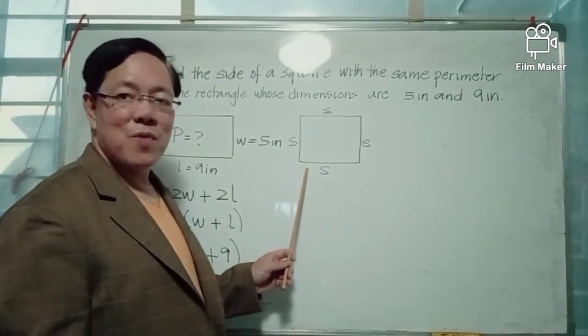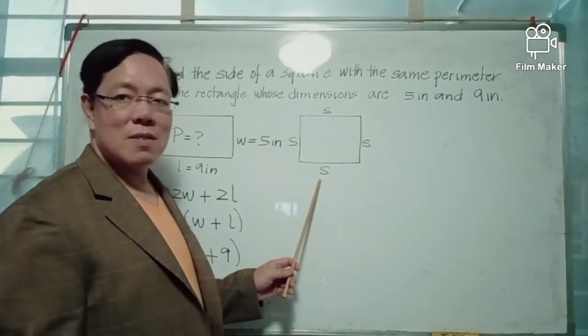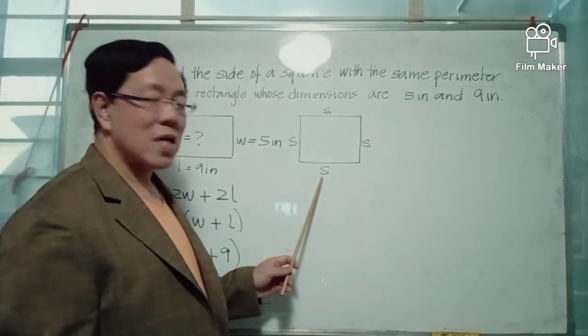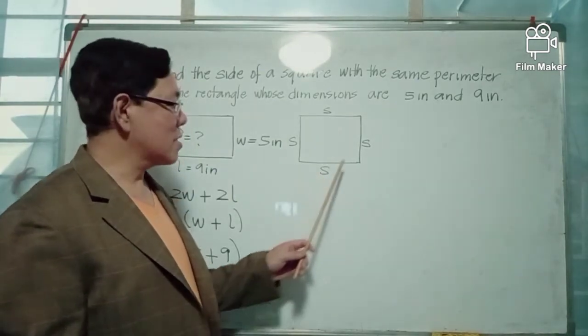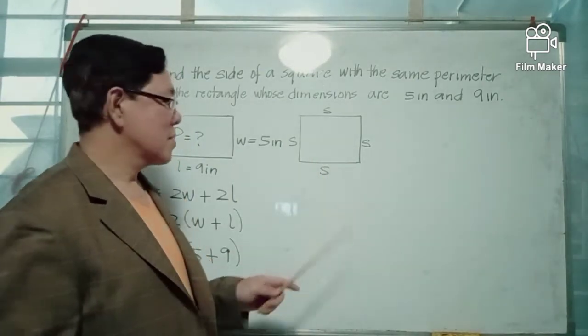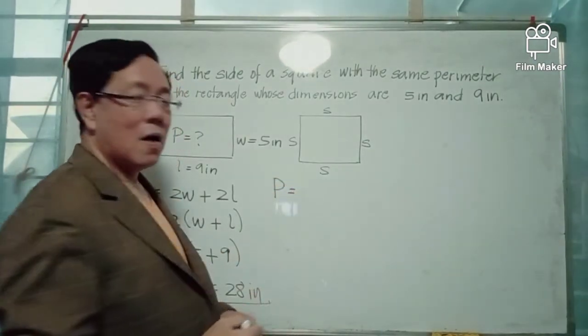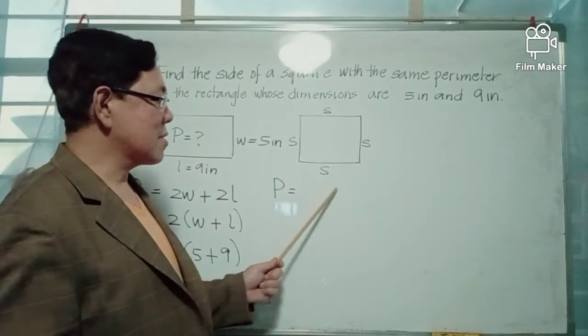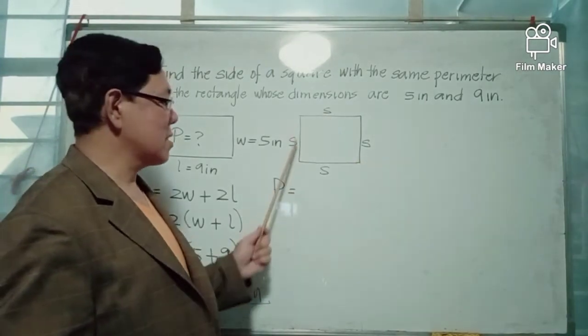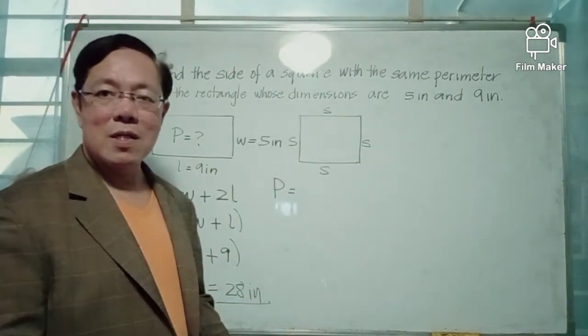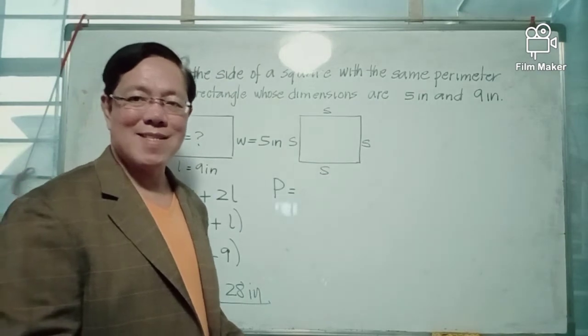And the dimension of each side is denoted by S. So, to get the perimeter of the square, we add S to itself 4 times. That is, perimeter of the square is S plus S plus S plus S. Or that is equal to 4S.